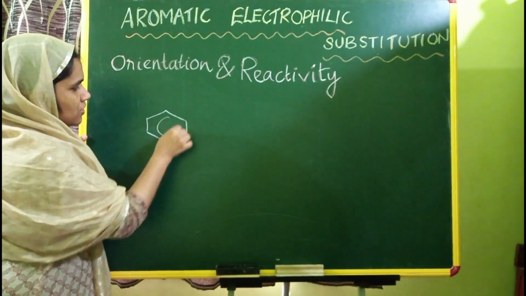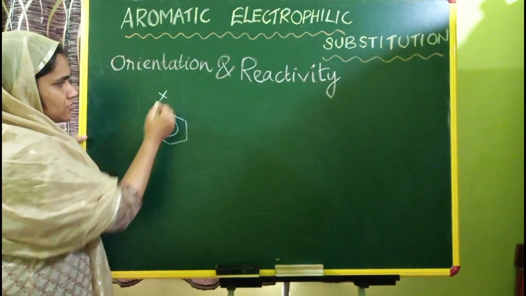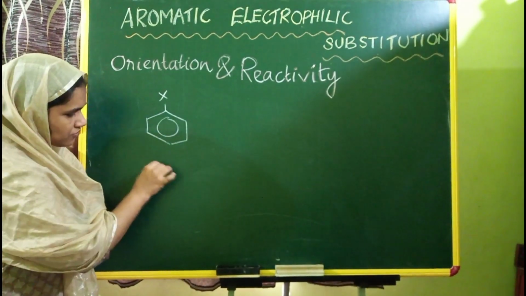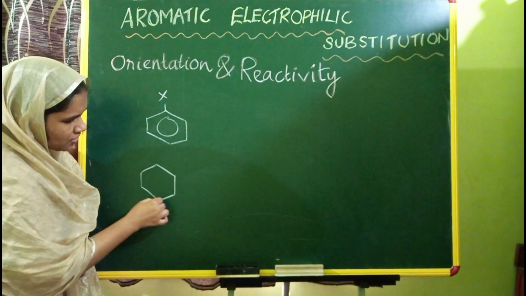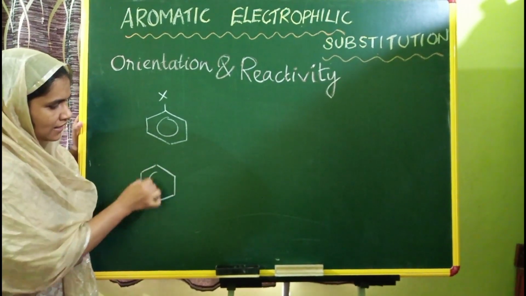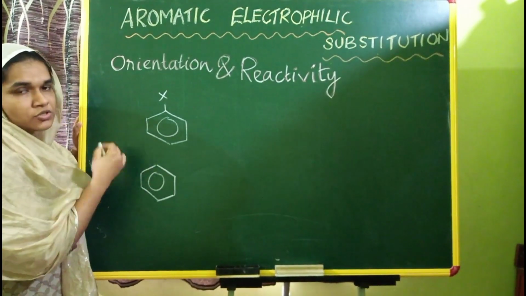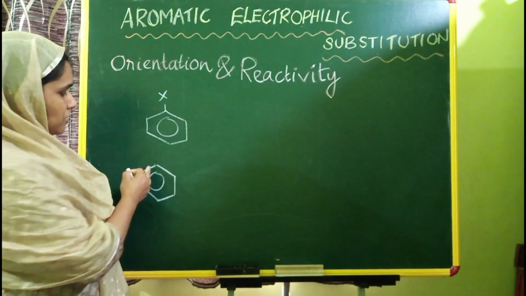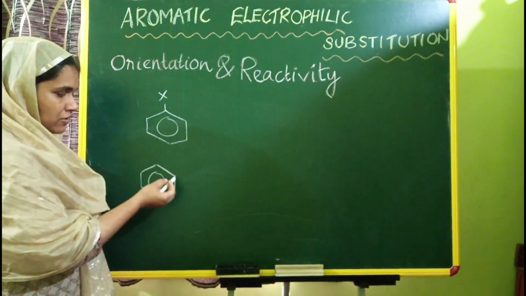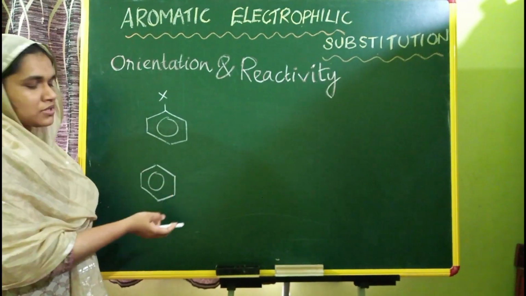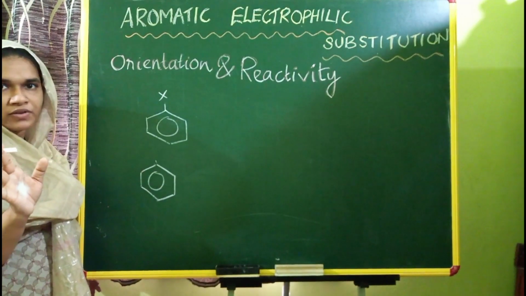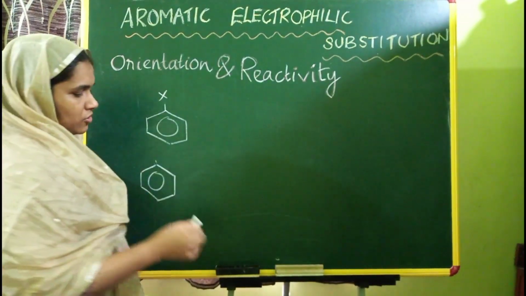So, let it be X. In case of a benzene ring, all the 6 hydrogen atoms are equivalent, so there is no possibility of another product. If the substitution takes place at this carbon, this carbon, or this carbon, the same product is always obtained.